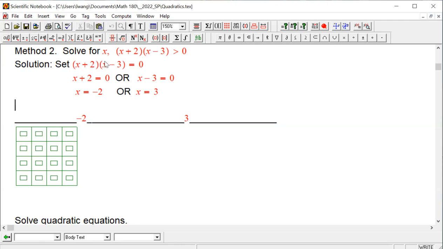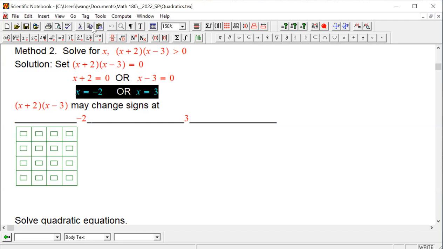Let me write it down. x plus 2 times x minus 3 may change sign, because sometimes it doesn't, at x equals -2 or x equals 3.